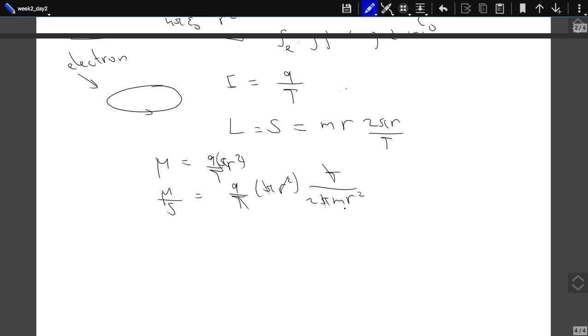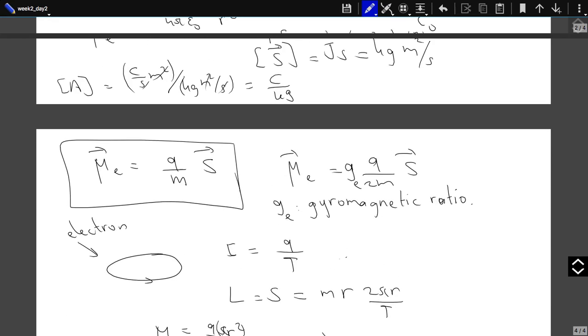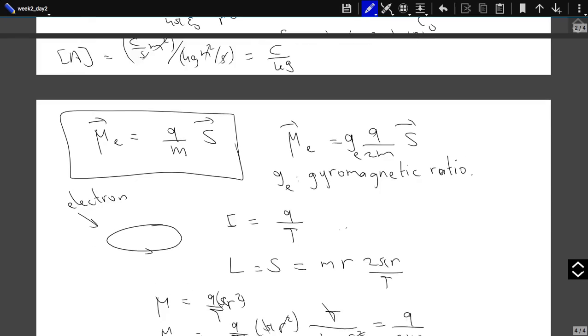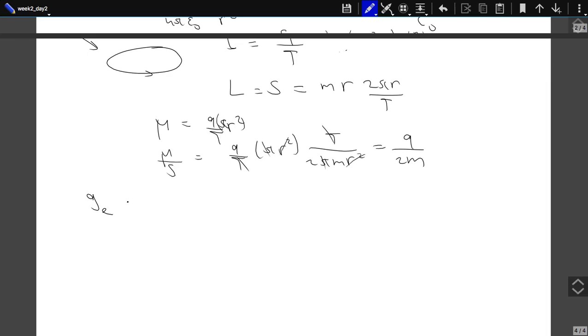T's will cancel, pi's will cancel, r squares will cancel, so it's q over 2m. If the electron was a classical object, then the relation between its magnetic dipole moment and angular momentum should be q over 2m, not just q over m. Dimensional argument doesn't give us these factors of 2, but the actual expression turns out to be q over 2m times the spin multiplied with a correction factor. Now this GE is equal to 2 if you take Dirac theory.